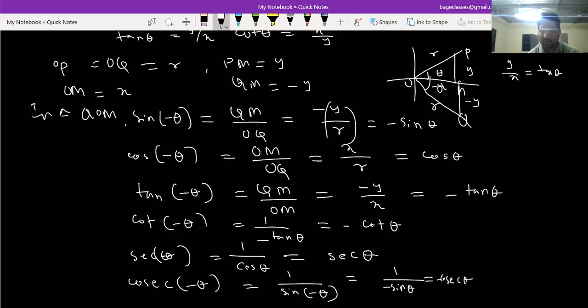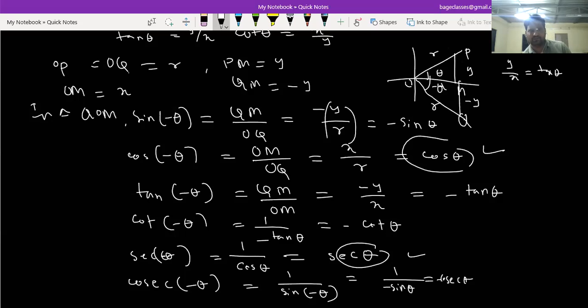Observe that only cos of minus theta and sec of minus theta are positive. Listen to this: the remaining four functions are all negative. Why? Because minus theta belongs to the fourth quadrant. In the fourth quadrant, we know that cos and sec are positive and the remaining four functions are negative.